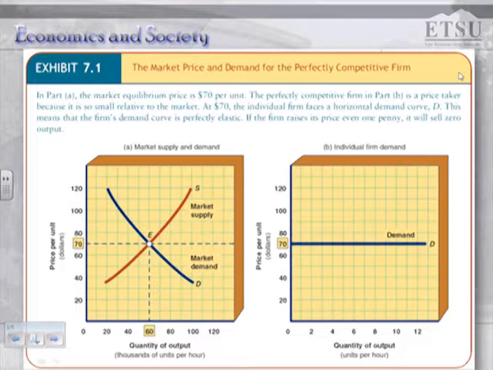They don't benefit from lowering their price because they can already sell all that they want to produce and offer for sale at that market price of $70. So we call all these perfectly competitive firms price takers. Even though the market demand curve is downward sloping, the individual firm faces a demand curve that is perfectly elastic at the market price.